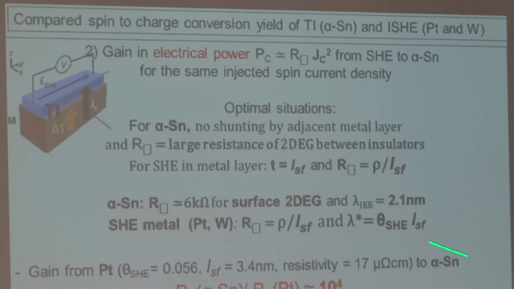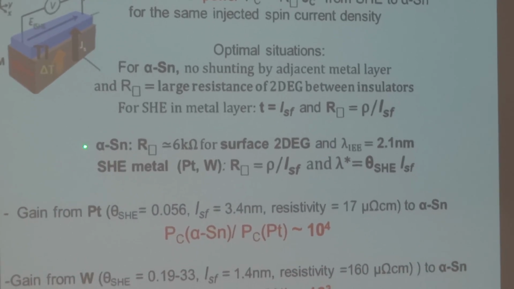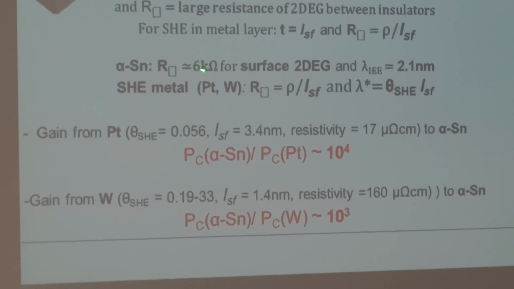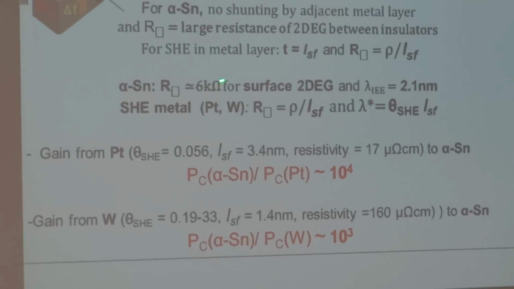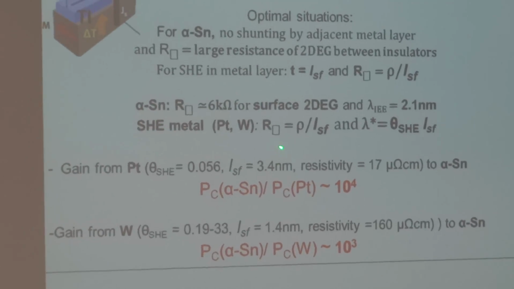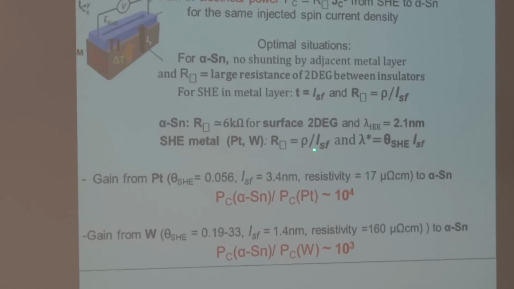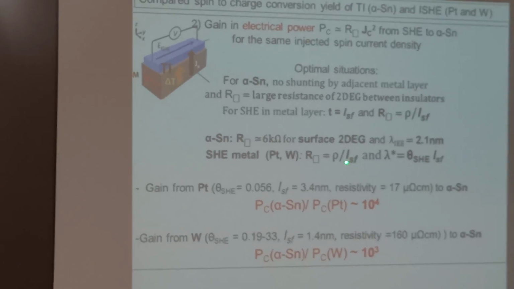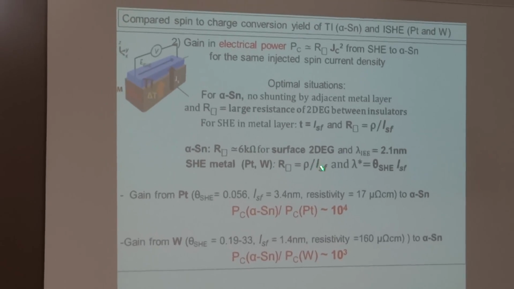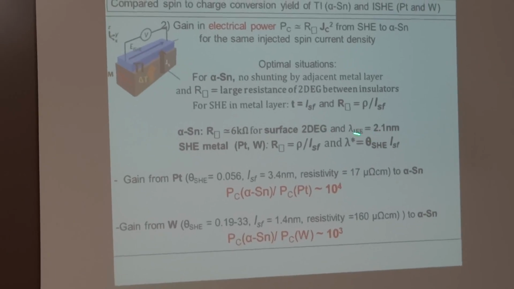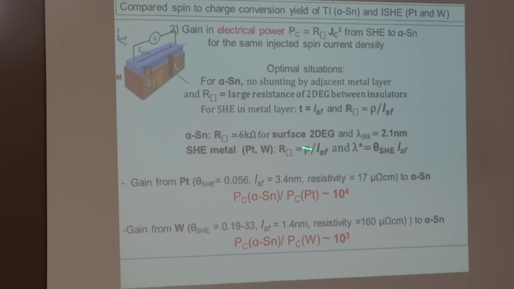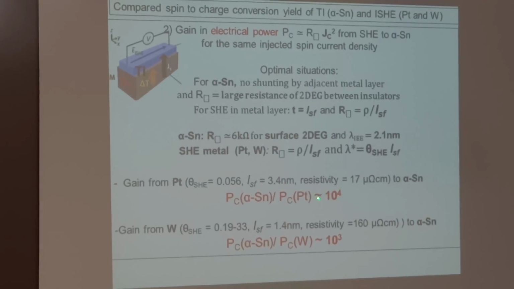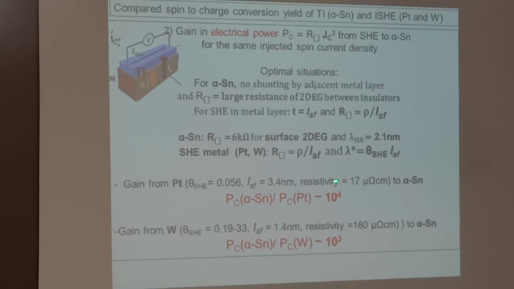So if I take the value we have for alpha-Sn for the interface resistance per square, and the corresponding value for the best condition for the spin Hall effect, which is when the thickness is exactly the spin diffusion length, then the enhancement is much larger.